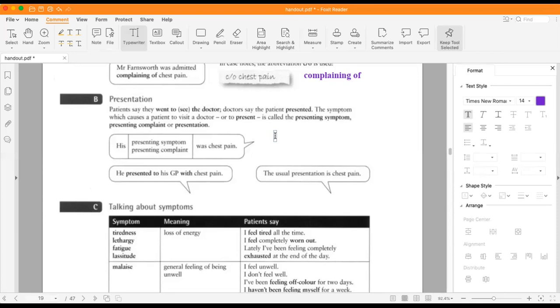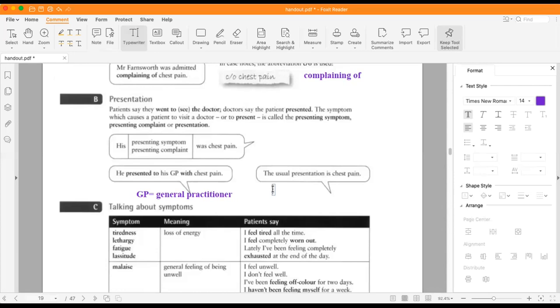Or we say he presented to his general practitioner with chest pain. GP is the abbreviation for general practitioner. Or you say the usual presentation is chest pain.